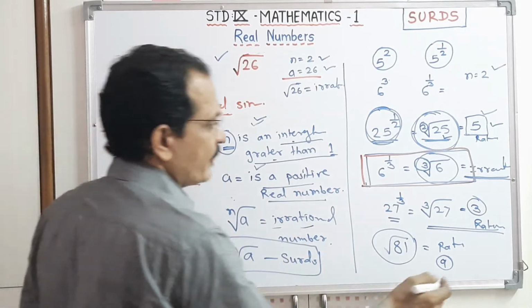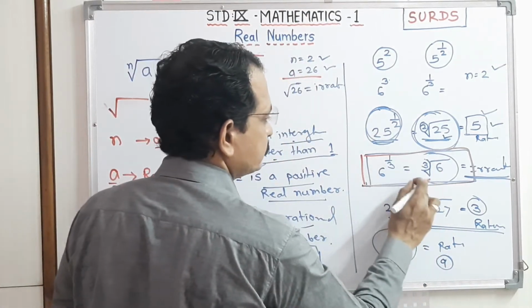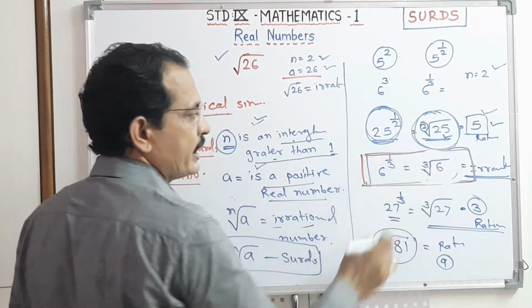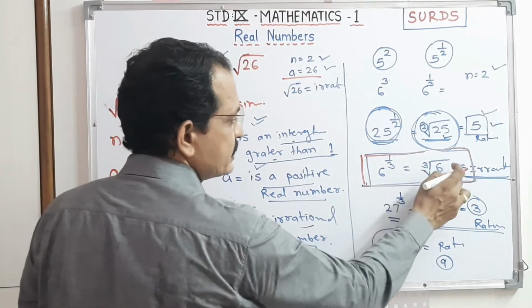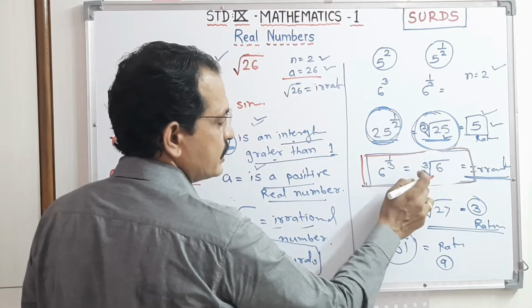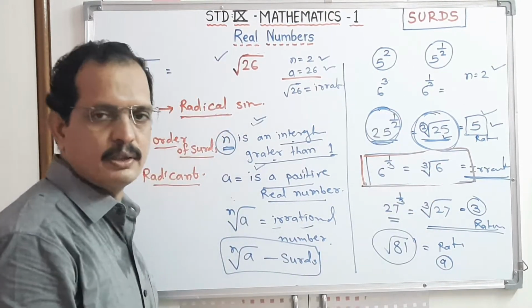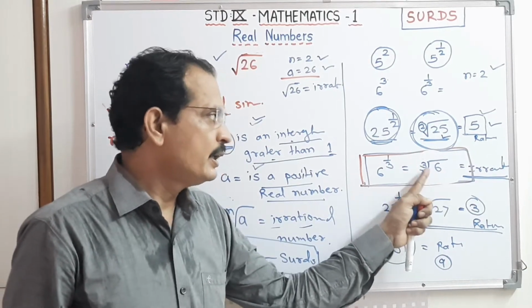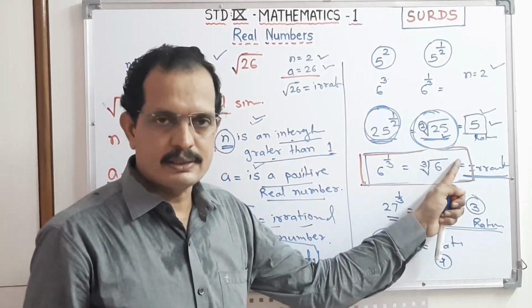Now see here, if we consider cube root of 6, it is an irrational number, therefore this is a surd. Now tell me the order of the surd. Order of the surd is 3, radicand is 6, and this is called the radical sign.